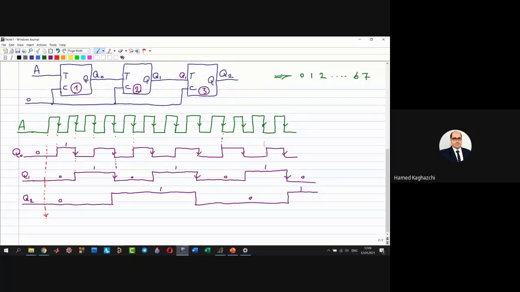At this time, what are Q2, Q1, and Q0? All of them are set to 0. Q0 is 0, Q1 is 0, and Q2 is 0. Now look at here. What about Q2, Q1, Q0?